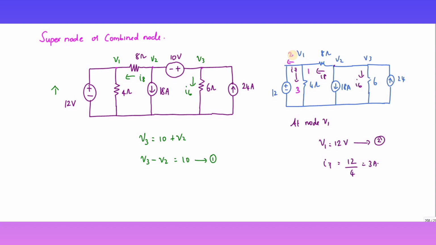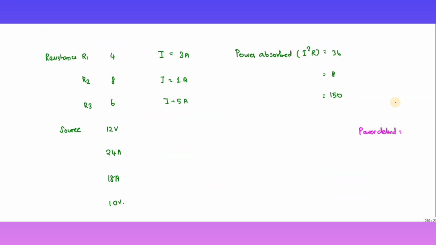So I can write 12 into 2, that is nothing but 24. That is power delivered. Here also it is power delivered, current into voltage.